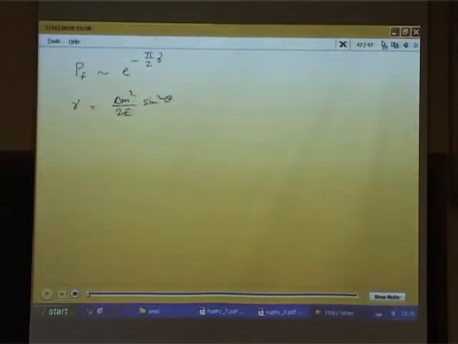So sin square theta by cos 2 theta times 1 by c. What I want to emphasize is this actually looks like some constant over energy. So P_F therefore normally looks like e to the power minus some constant over energy.